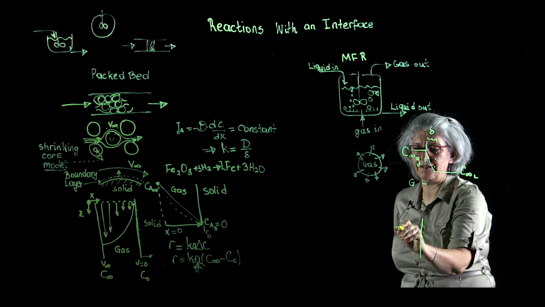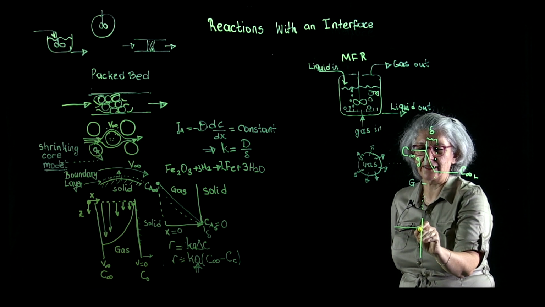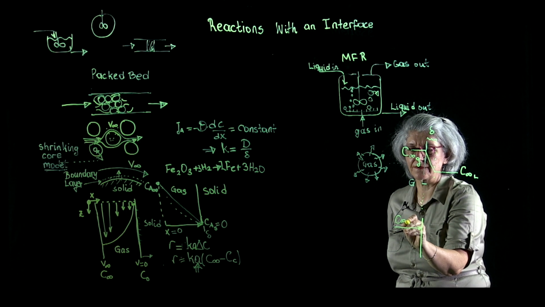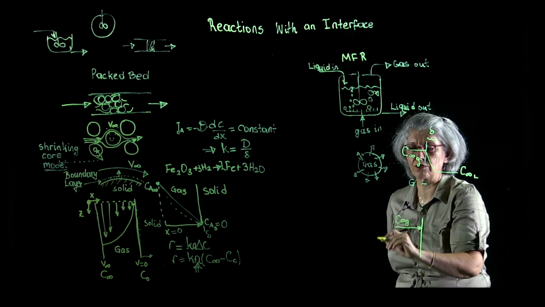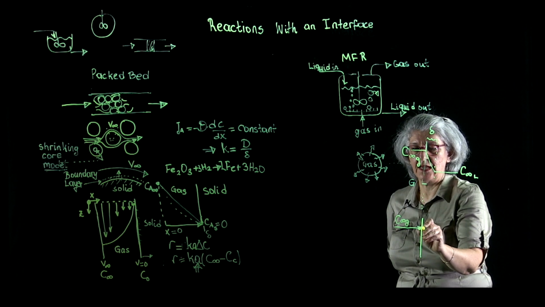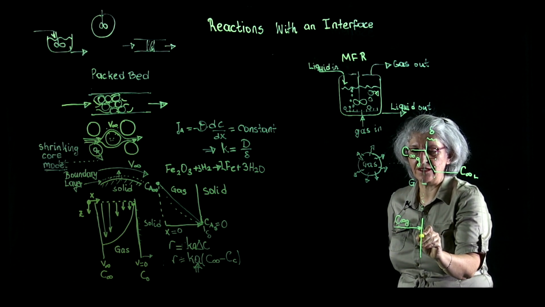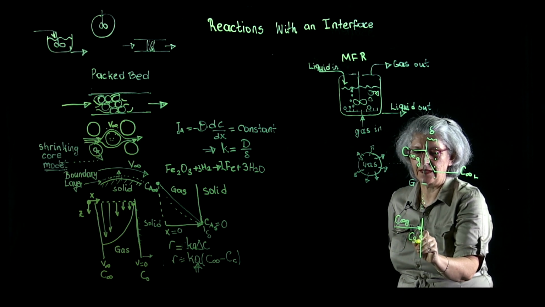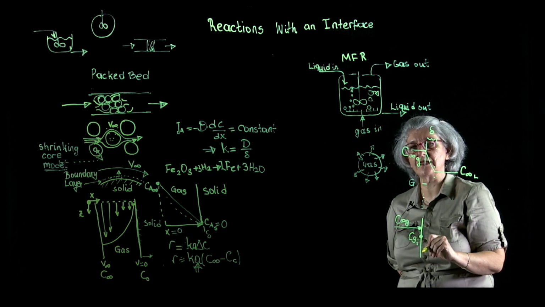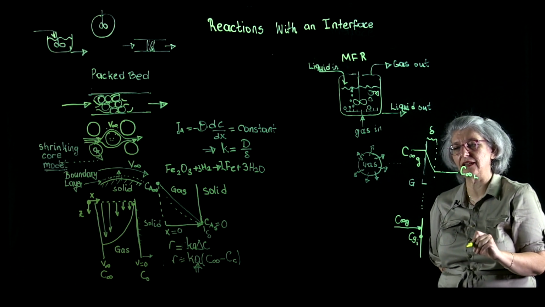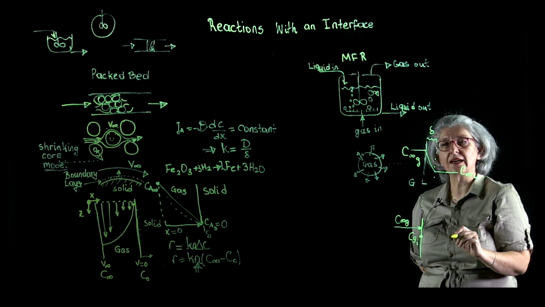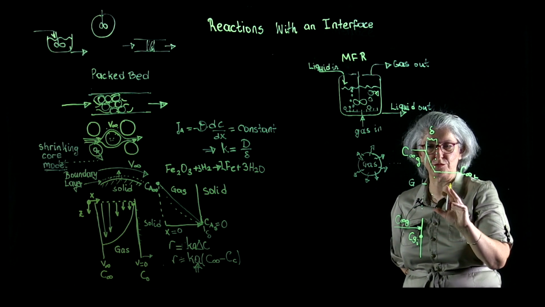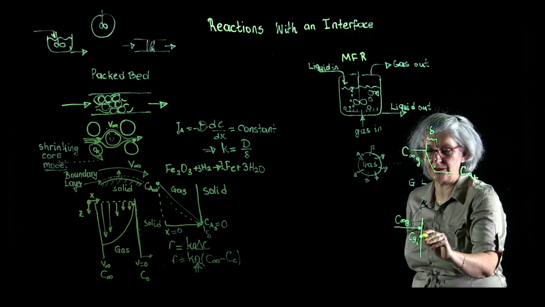we're going to have a gas concentration which is uniform. With that gas concentration, we are going to have an interface concentration, and the interface concentration and the gas phase concentration are related to one another through Henry's law, or through absorption, desorption thermodynamics.